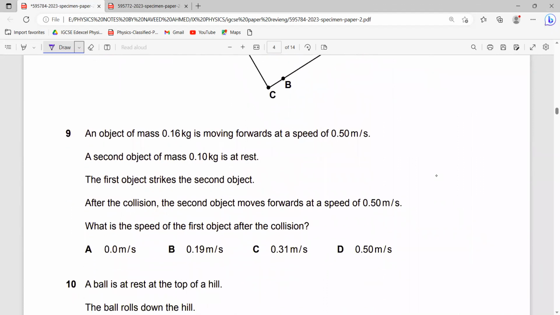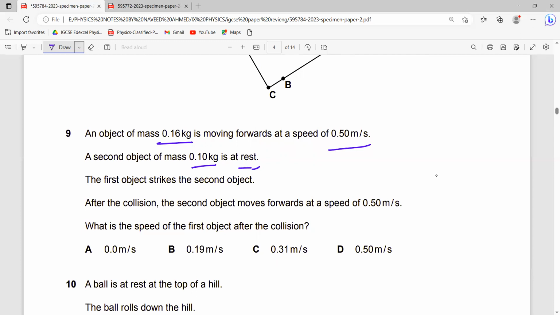In question number 9, an object of mass 0.1 kg is moving forward at a speed of 0.5 meter per second. This is the mass and this is the forward speed. A second object of mass 0.1 kg is at rest. At rest means 0 velocity.